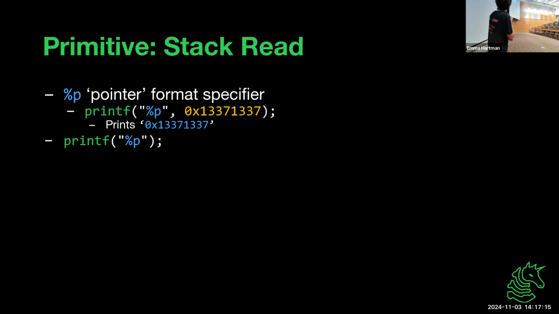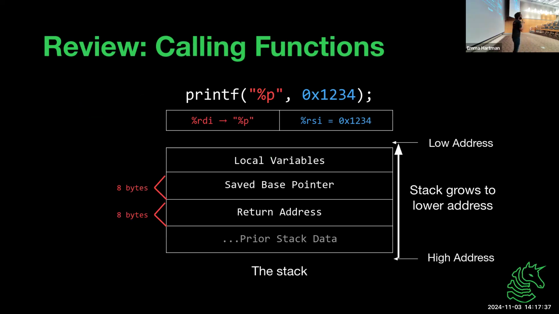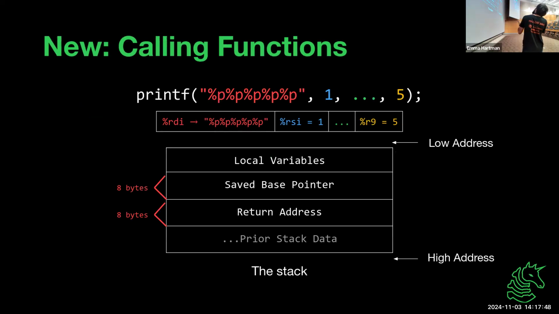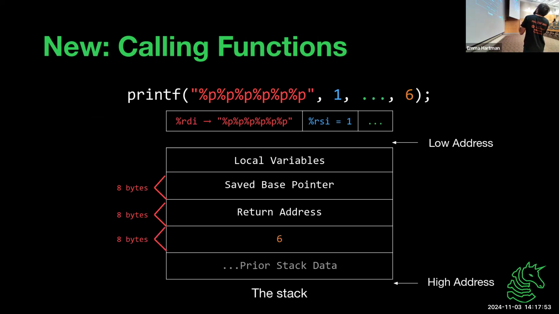So we have %p, which is our format specifier, and obviously if we put in the number 1337, it prints it out in hexadecimal format, right? If I put in 7, it would print out 0x7. If I put in 13, it would print out 0xD, right? But again, these arguments are located on the stack. As I call this function, I put these variables on the stack, and that's what they get loaded into, because this is how we call our functions.